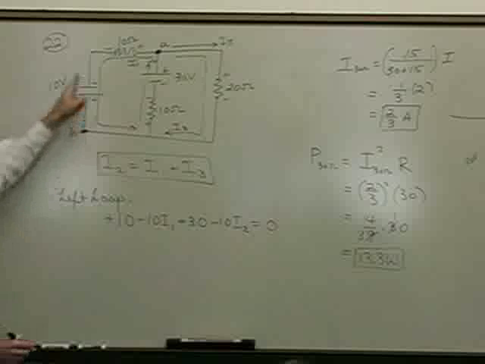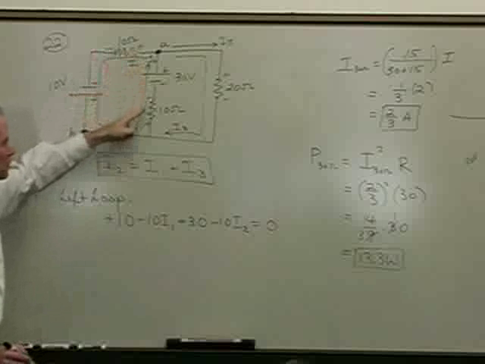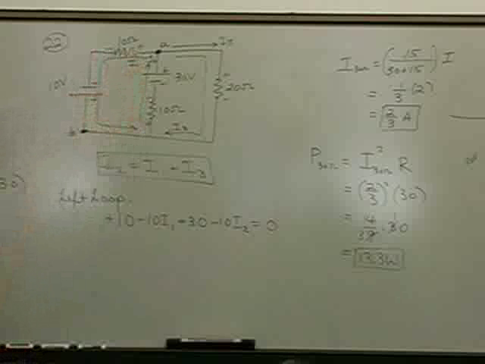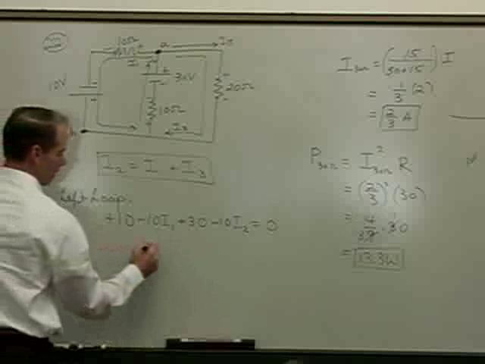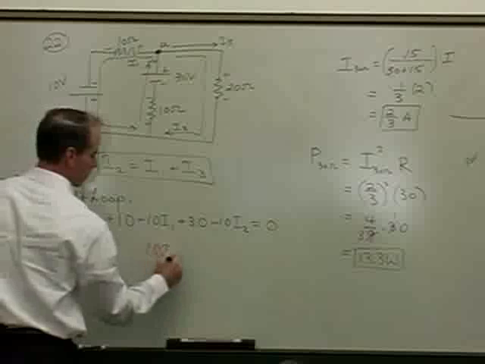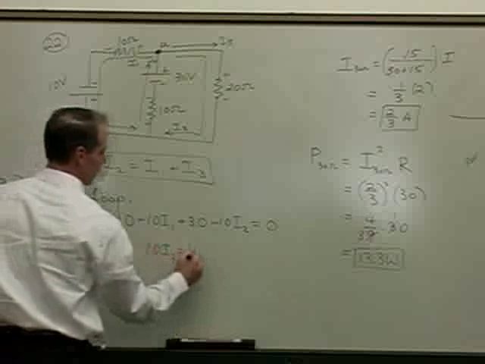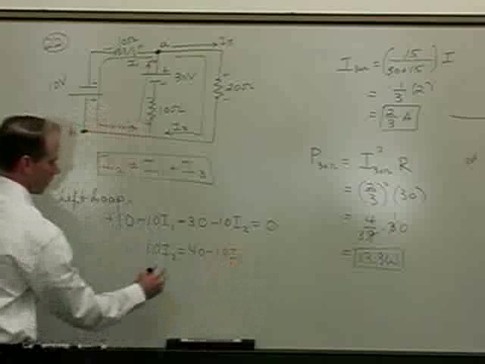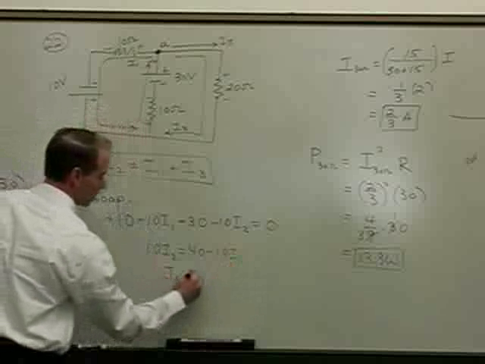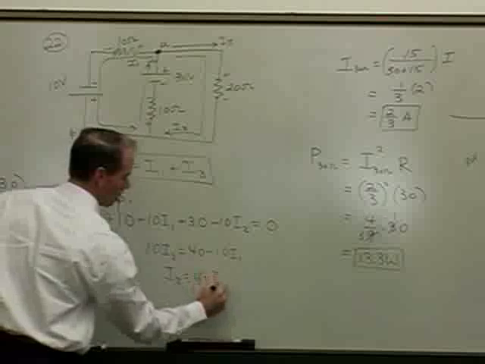Just walk my way: plus 10 minus 10 I1 plus 30 minus 10 I2 equals 0. So I have 10 I2 is equal to 40 minus 10 I1, or I2 equal to 4 minus I1.